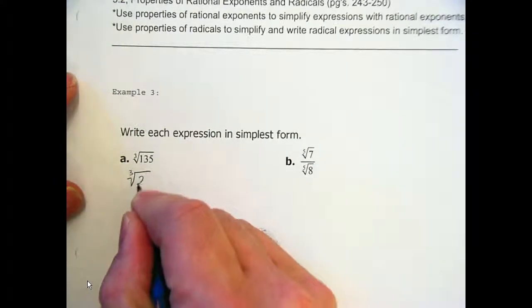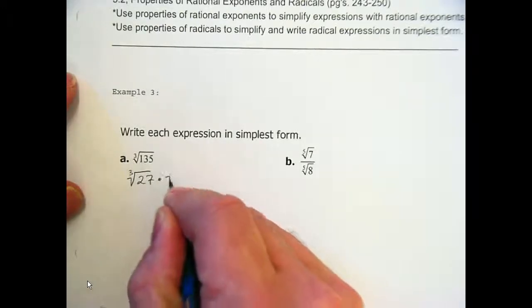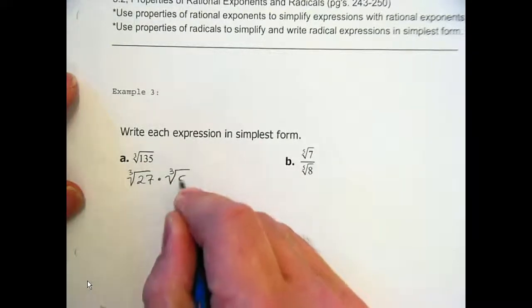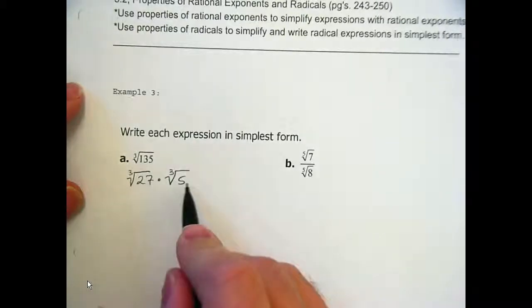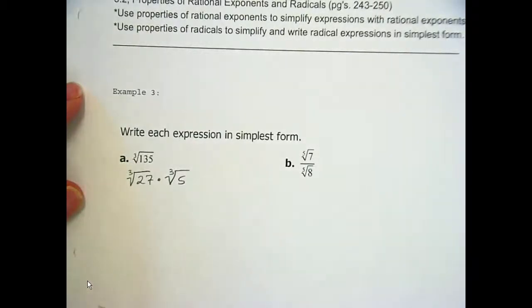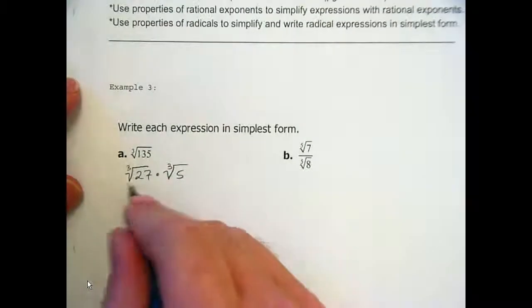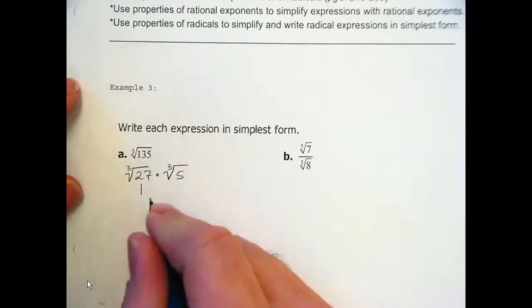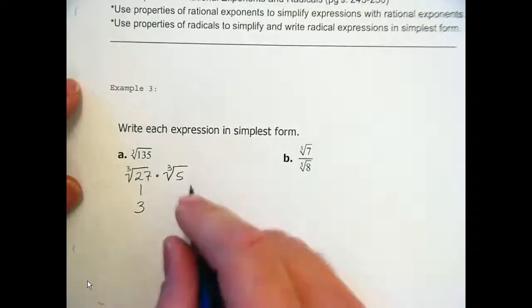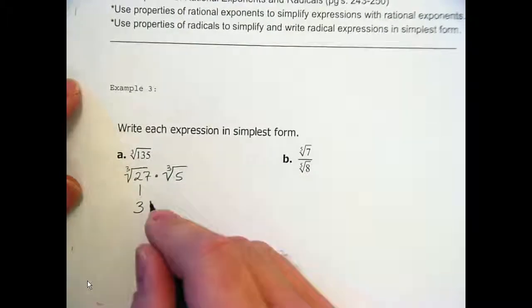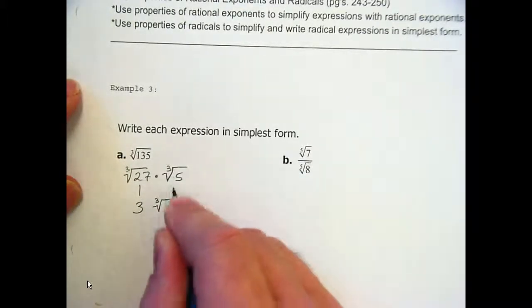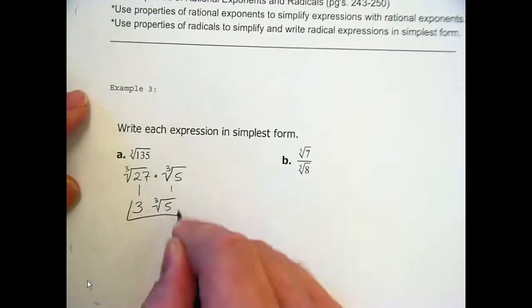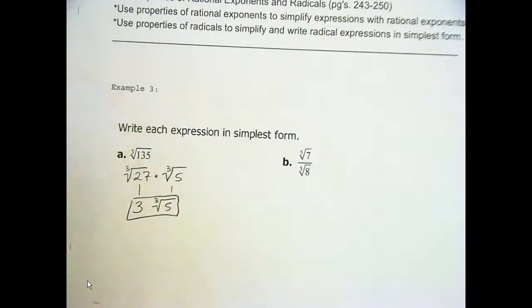The cubed root of 27 times the cubed root of 5 makes 135. 27 times 5 is 135. Then you just put your cubed root symbols. Cubed root of 27 becomes 3. And this is not a perfect cube, so we just leave it. So that drops down, and we get 3 cubed root 5. So you've just simplified it.